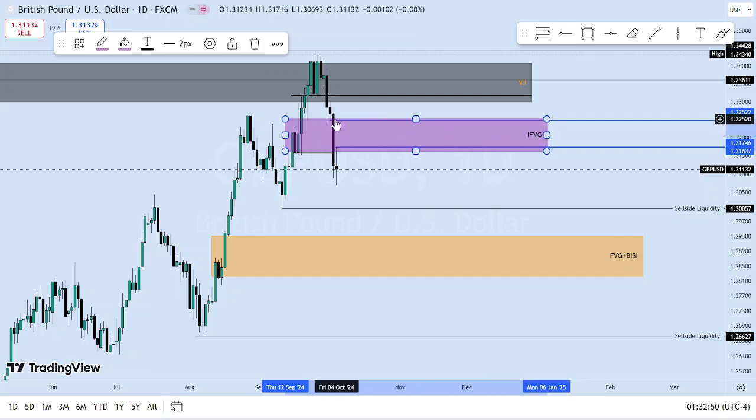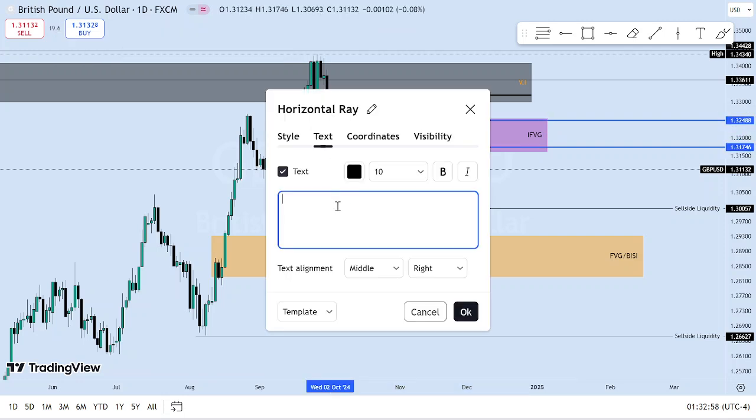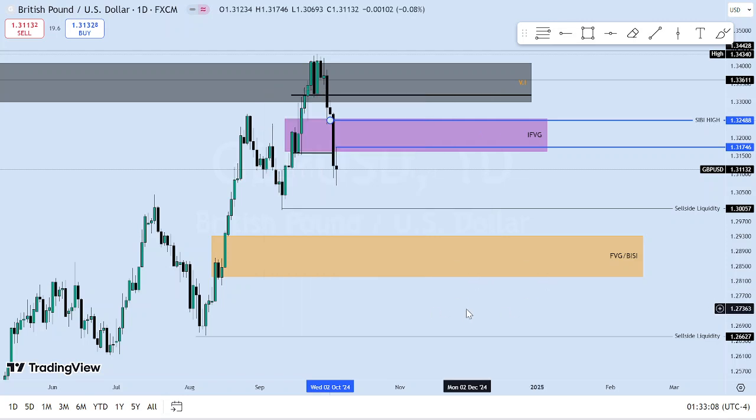Then we had another fair value gap, CB, sell side imbalance, buy side inefficiency. That's CB high, sell side imbalance, buy side inefficiency high.